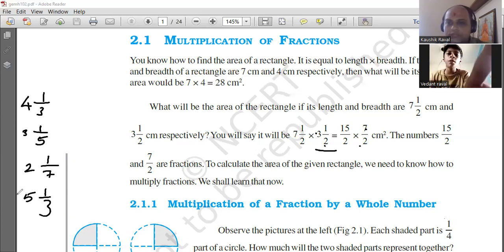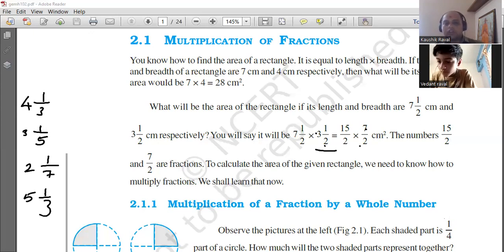These are mixed fractions where there is a whole number and a part of fraction. So you have to multiply them. You have to convert them into improper fractions. When you're done, let me know.